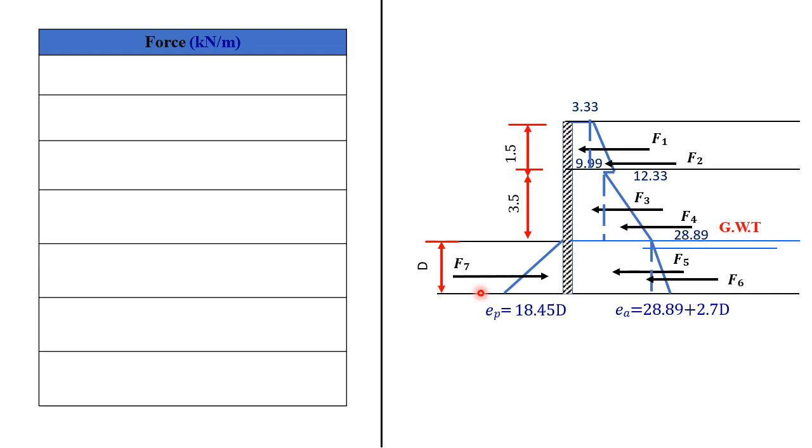Right now, after drawing your earth pressures, let's get our forces. You must get your moments around this point here at the bottom of your cantilever retaining wall. You don't have a choice.